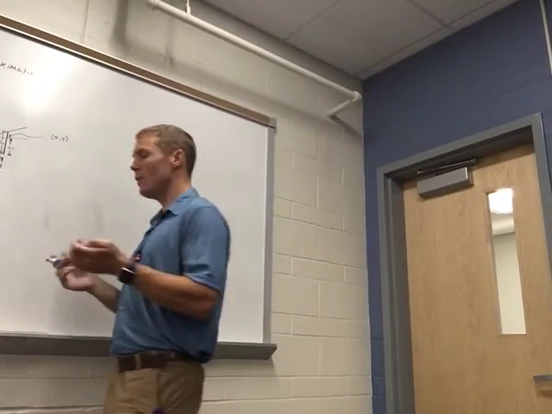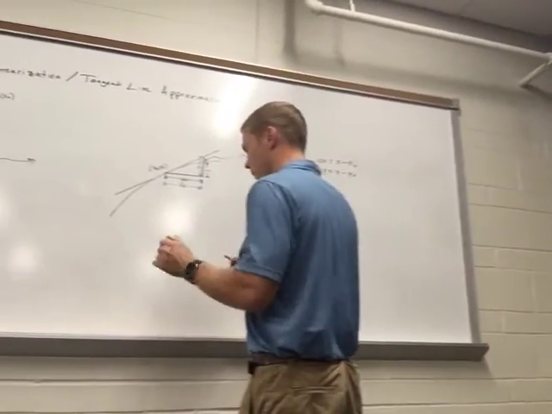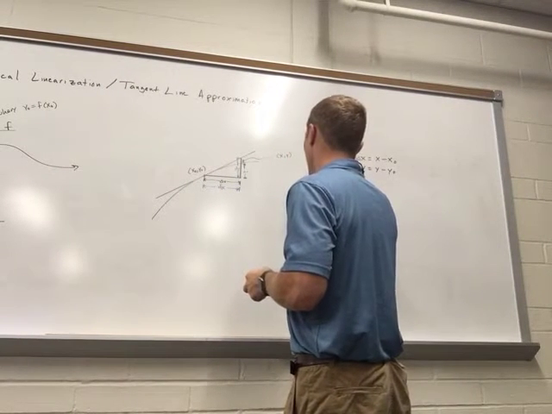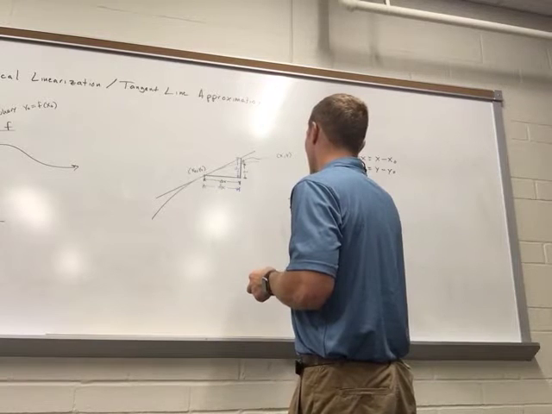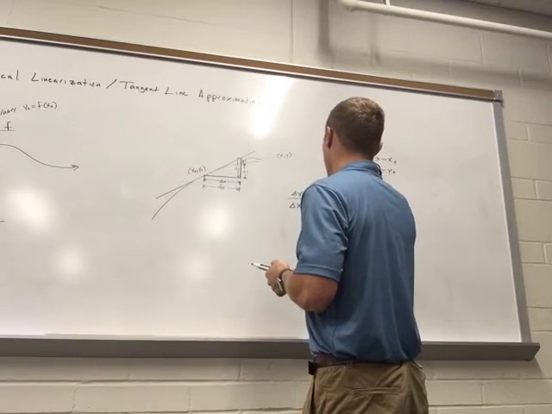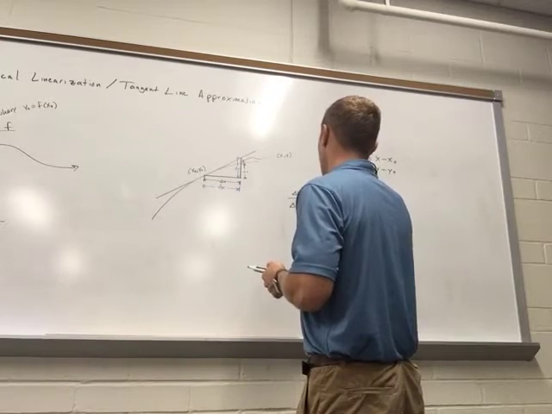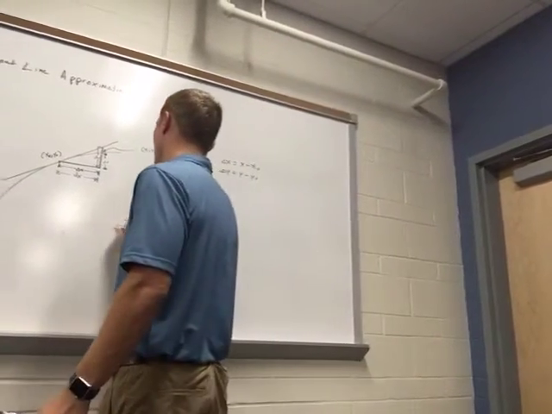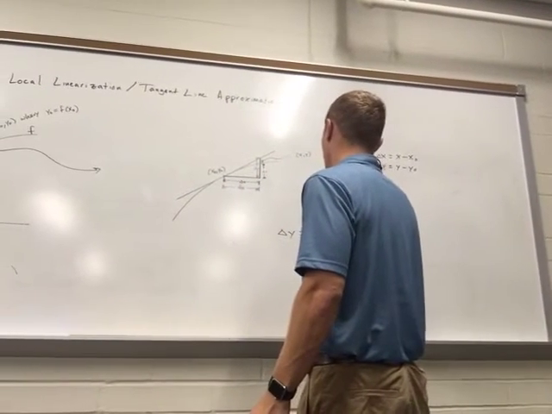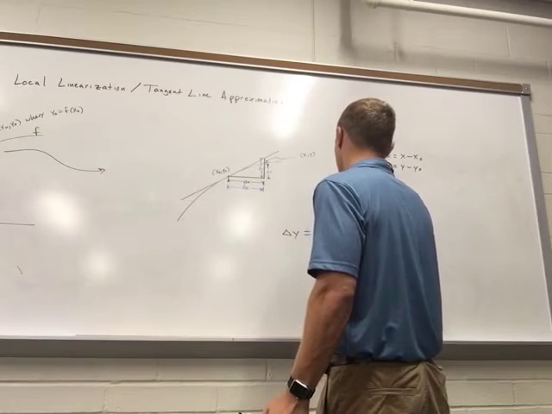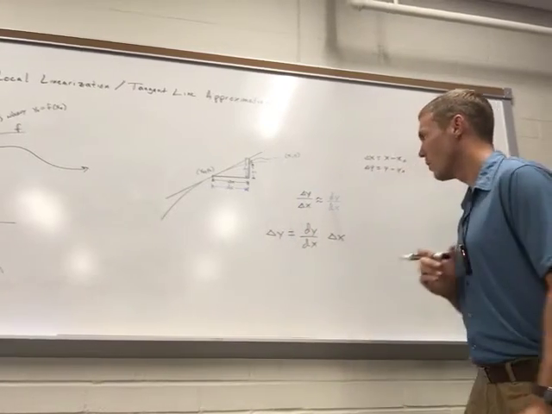The approximation we've used in class quite often is that delta y over delta x is approximately what we know is dy over dx. Or equivalently here, that delta y equals dy over dx times delta x.